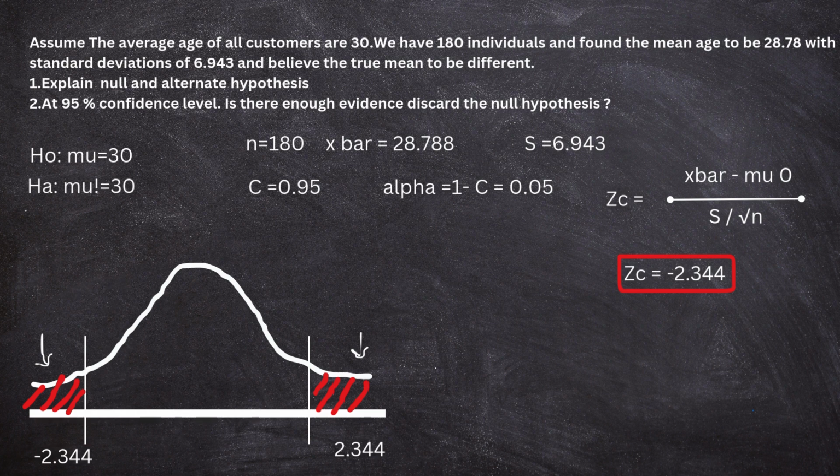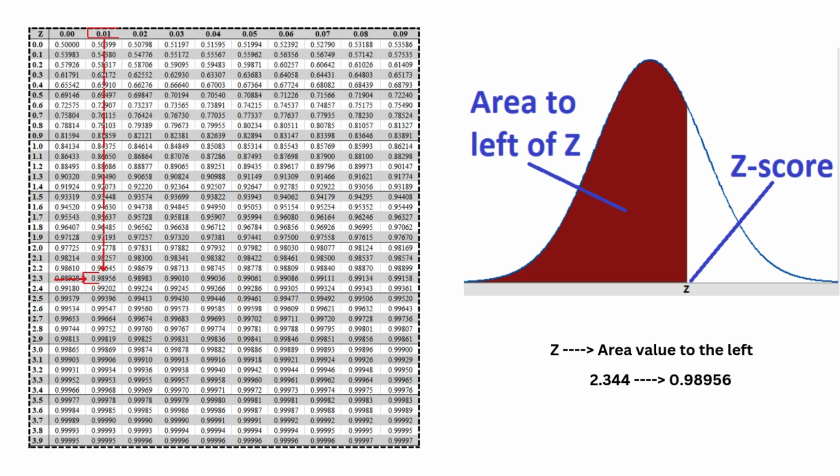Now let's do the p-value method. I am going to mark the calculated z-value on the normal distribution. Now what we need to determine is the area of the shaded region, the total area on the left side and right side, which is going to correspond to our p-value. Then we compare this p-value with alpha. We are going to use the same table and get the area.